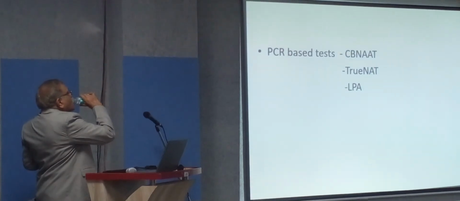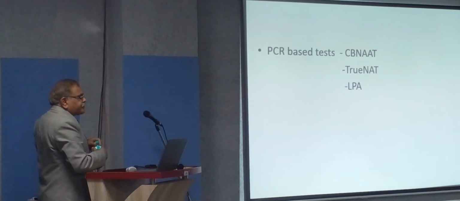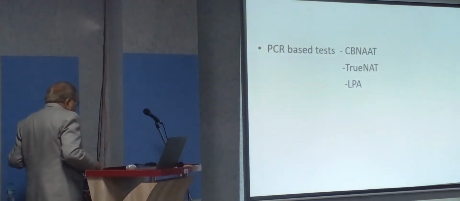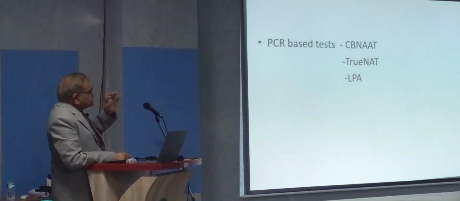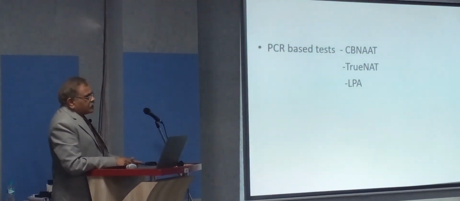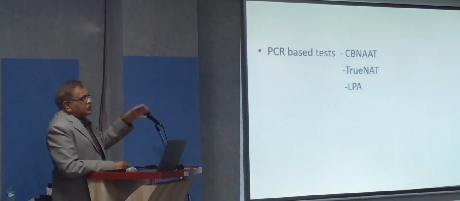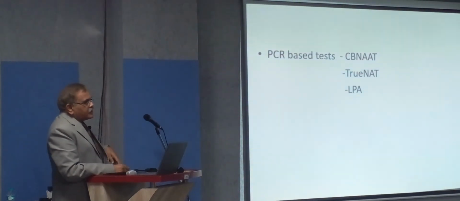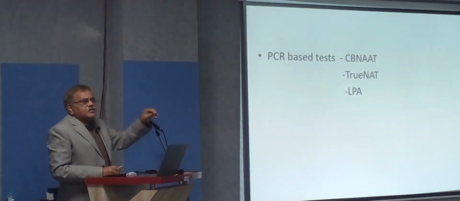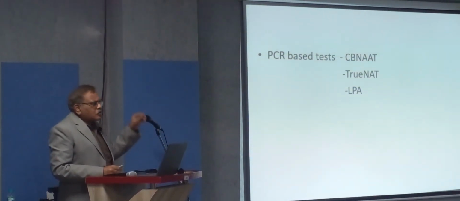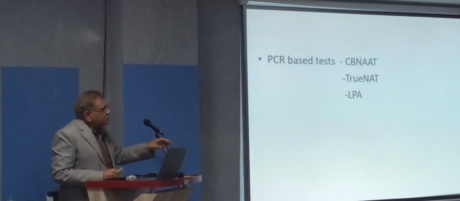Which one is superior, CBNAAT or TrueNat? TrueNat is better. CBNAAT is cartridge based, and commercially it is also known as GeneXpert MTB/RIF, because if you add a third primer for the rpoB gene, it will tell you whether there is rifampicin resistance or not.